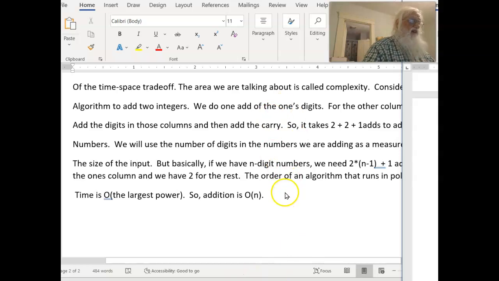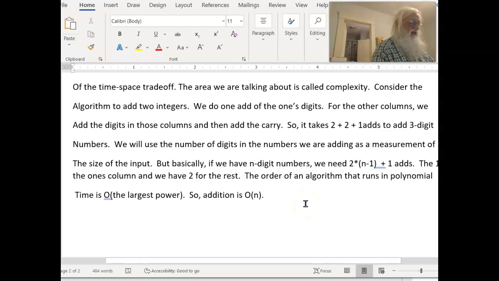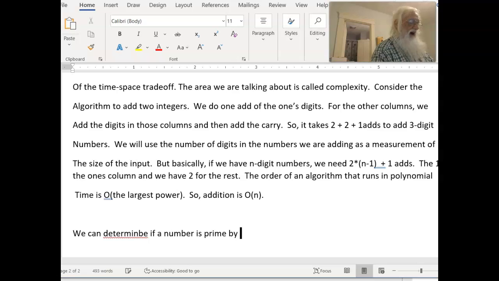Well, one of the oldest and crudest ways to do it is we can determine if a number is prime by dividing it by all integers less than or equal to the square root of the number.